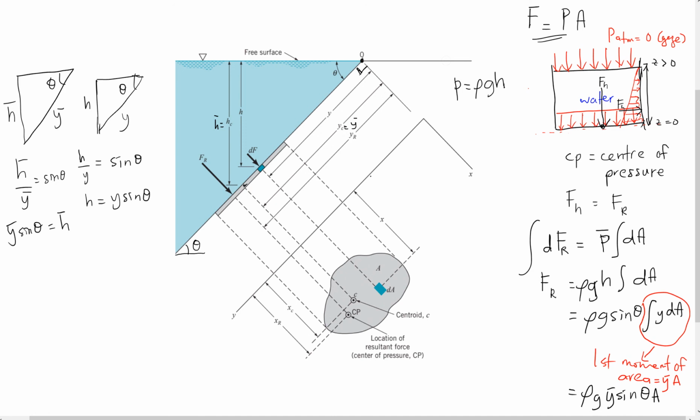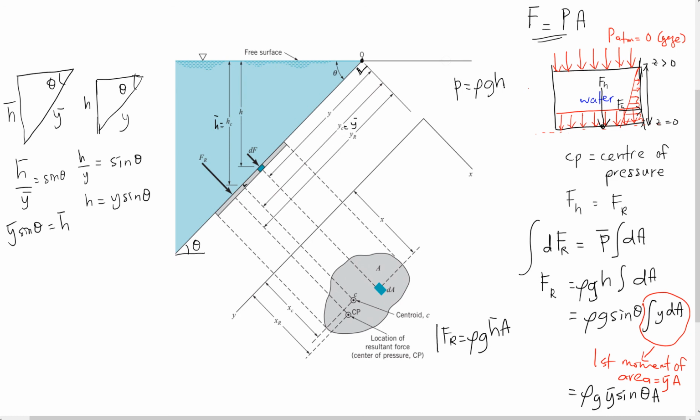Alright. So you can also replace this equation with Fr equals rho g, and this y bar sine theta I replace with h bar. So I got h bar A. Alright, so this is how I get the hydrostatic force equation.